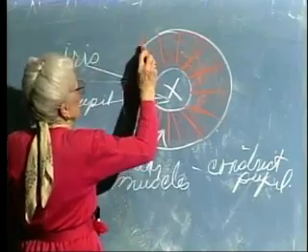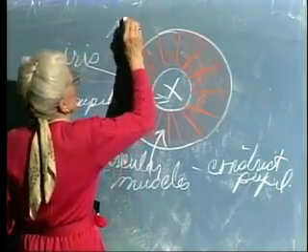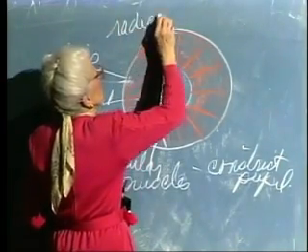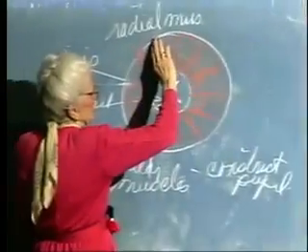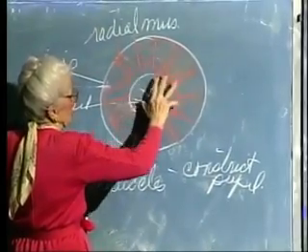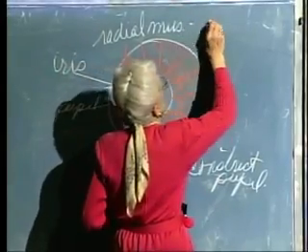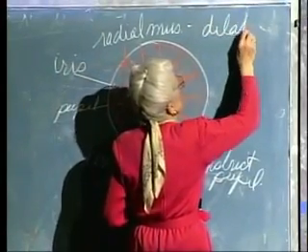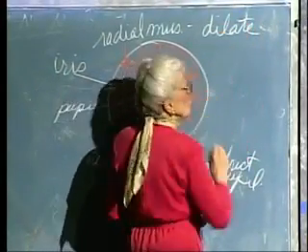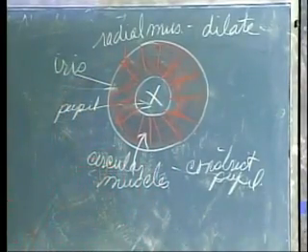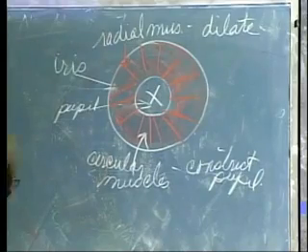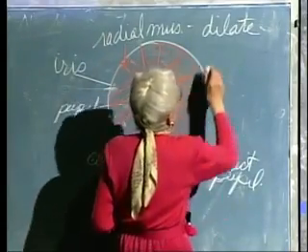These are radial muscles. What's going to happen when they constrict? Dilate, sure, you can just see if these are muscles, they do this, pupil enlarge. So dilate. So you don't just have to memorize, you can figure them out. It's so nice when students come to the lab, the office hours, and they're beginning to work with the information, and they can figure things out. It's just beautiful to see. Dilate pupil.